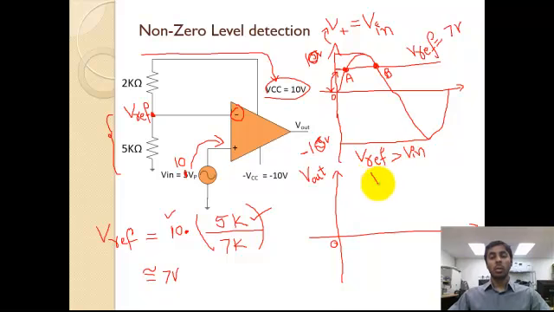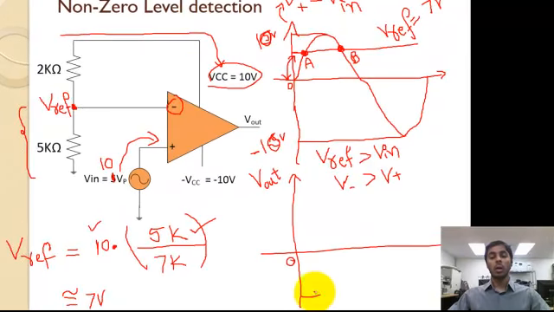Reference is applied to V negative. Input is applied to V positive. So V negative is greater than V positive. If V negative is greater than V positive, then up to that point A, the output is going to be a negative value.